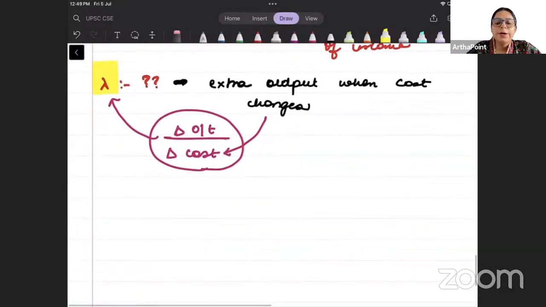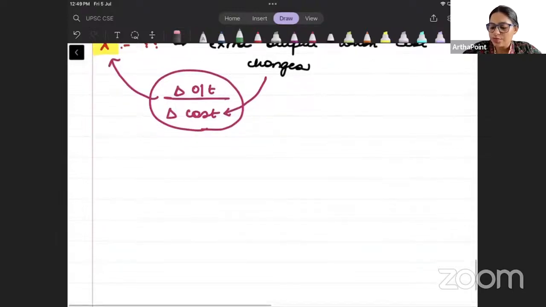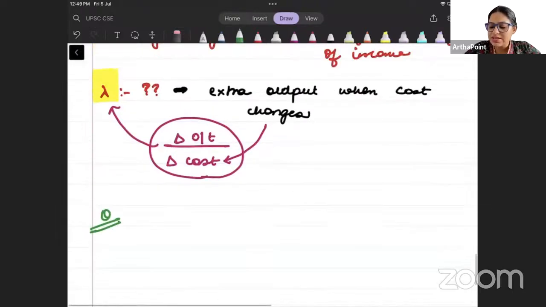So now, what we can do is, we can just quickly take one numerical and do it on this aspect. So question. I am taking the same question here.